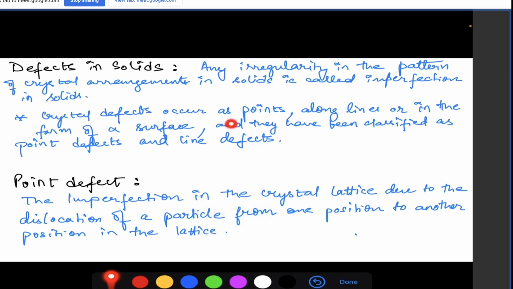The crystal defect occurs as a point, along a line, or in the form of a surface, and they have been classified as point defects and line defects. We are focusing on point defects. Point defects are imperfections in the crystal that are due to the dislocation of a particle from one position to another position in the lattice.